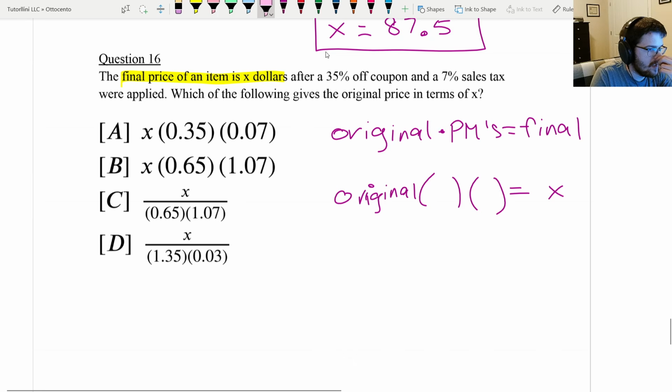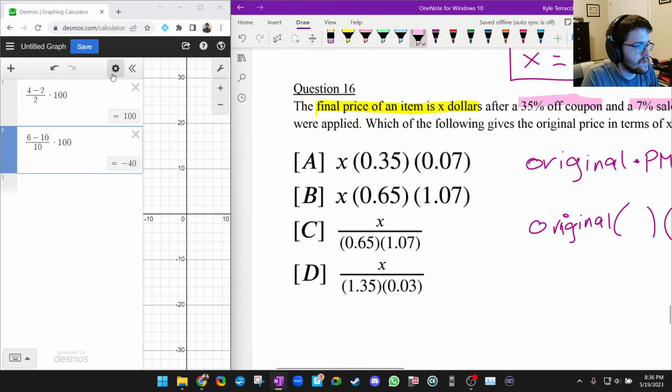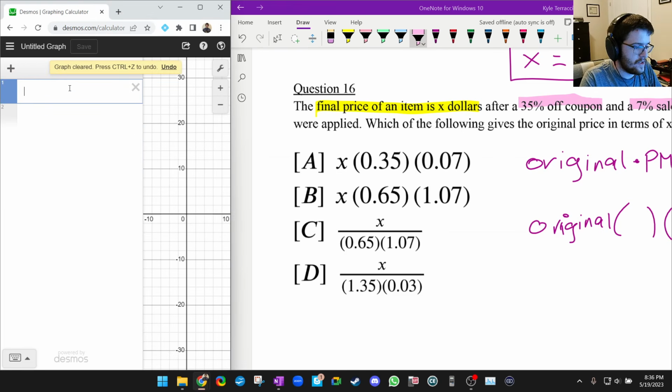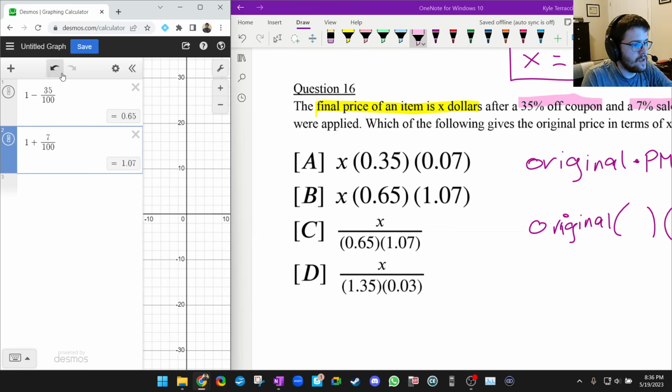So we have a 35% off coupon and a 7% sales tax. So 35% off coupon, that's 1 minus 35 divided by 100. And then 7% sales tax, we add because it's an increase. 1 plus 7 over 100. We get 0.65 and 1.07.